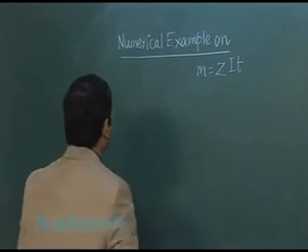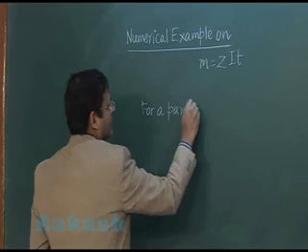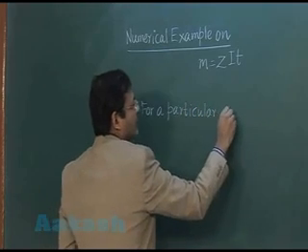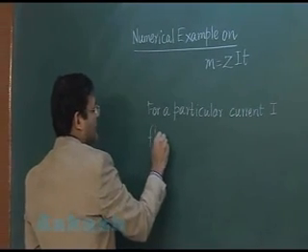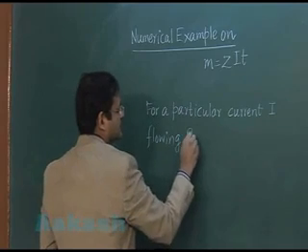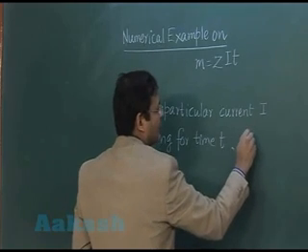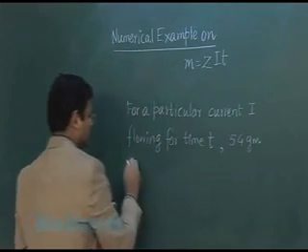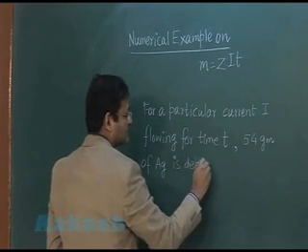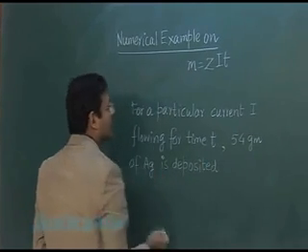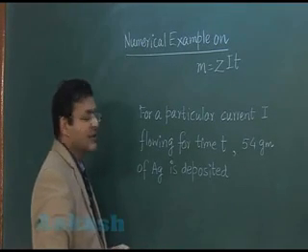Assume that for a particular current I flowing for time t, 54 gram of silver is deposited.